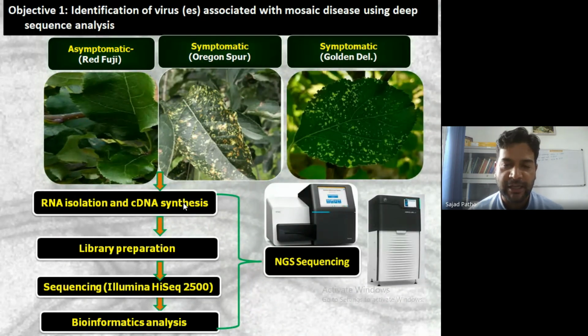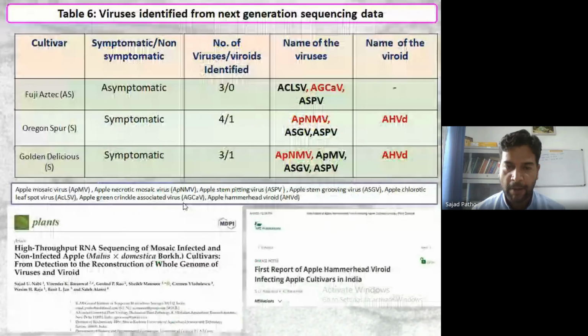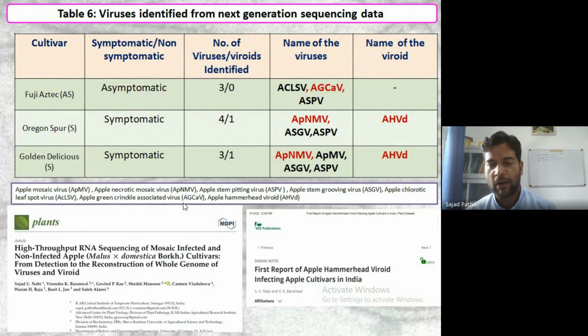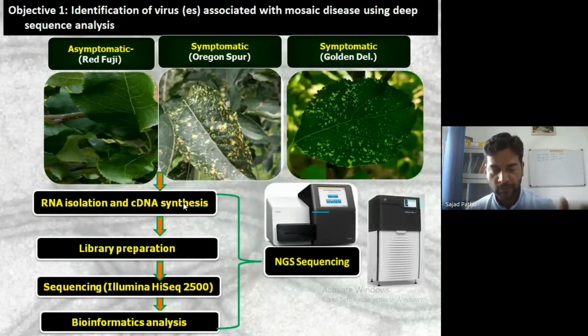Whatever RNA they get, the plant RNA, the microbiome RNA, whatever microbes are there, they sequence everything. After that, the sequences from the plant part they remove.